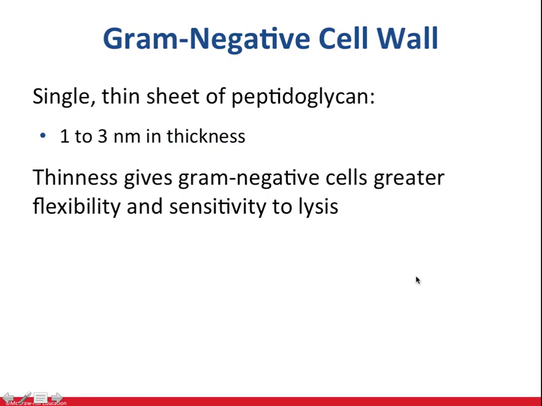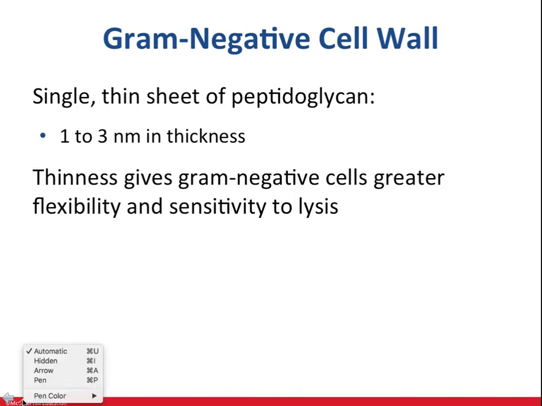So the gram negative cells normally have three layers. The cell wall layer is very thin, so it contains less peptidoglycan, only about 1 to 3 nanometers in thickness.